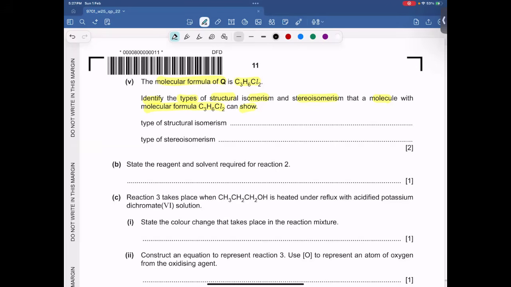So let me handle this. This is CH3. This is CHCl. And this is CH2Cl. So that's basically carbon 2, 3, and this one is 4. So it's basically optical isomerism.